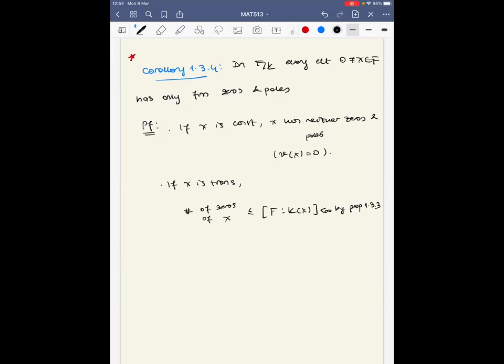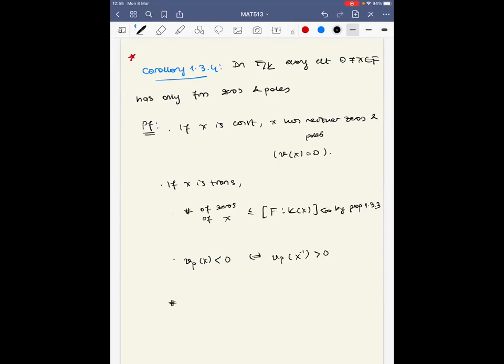And to see that a transcendental element has finitely many poles, let me first observe that to have a pole at a place P means that for a function x, its inverse has a zero at the same place.